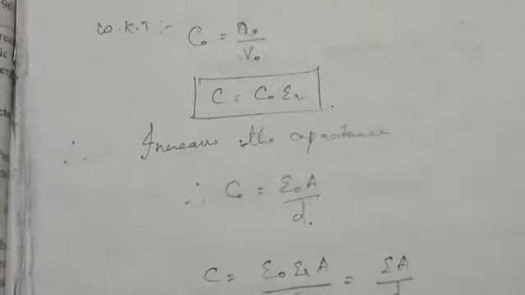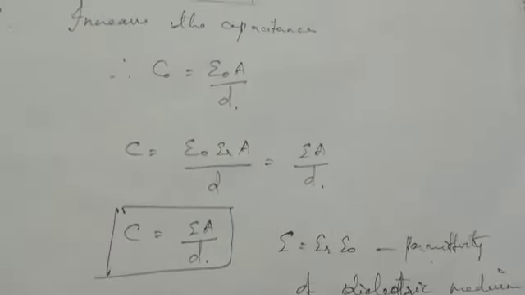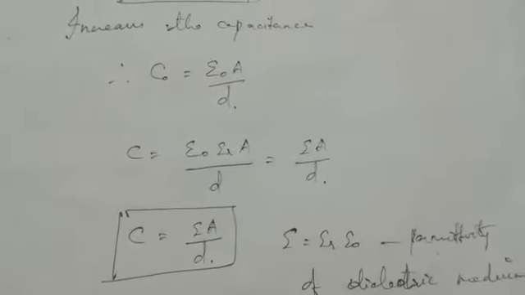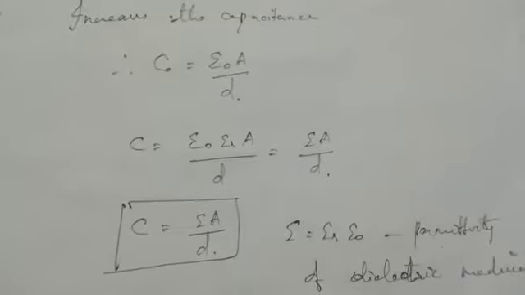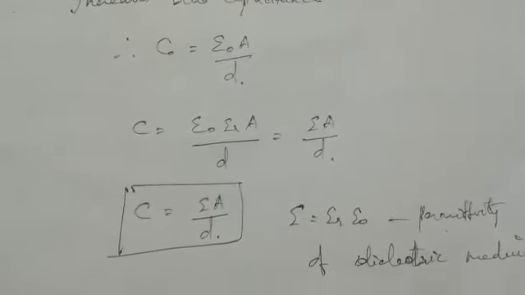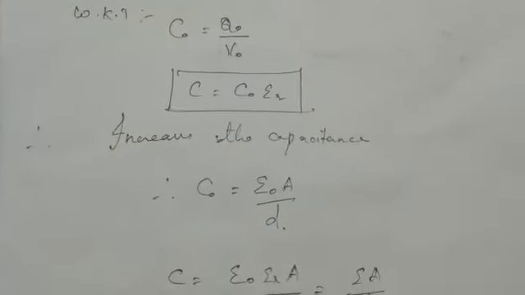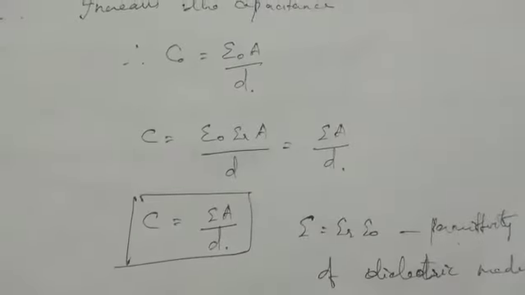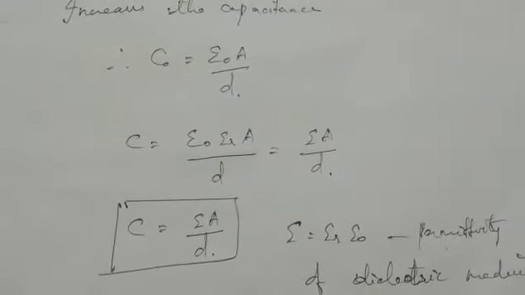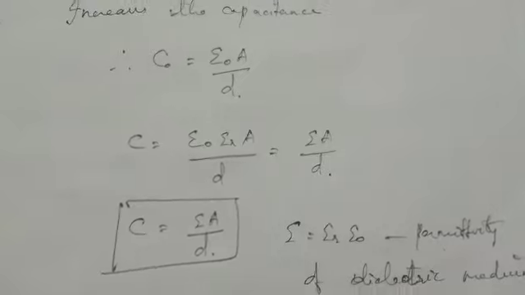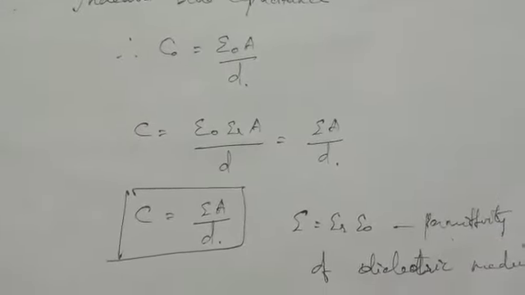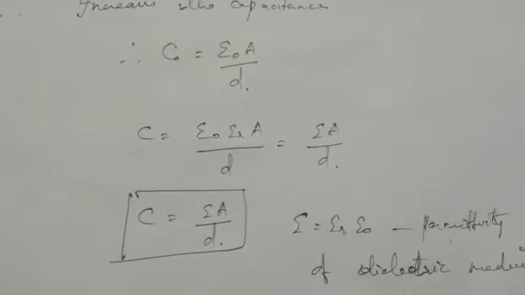Rearranging that equation, we already concluded that the capacitance value increases. C0 equals epsilon naught A by d, which is the general equation. So C equals, substituting the C0 value, epsilon naught A divided by d times epsilon R. You know that epsilon naught times epsilon R is the permittivity of a dielectric medium, considered as epsilon, the permittivity in the medium.